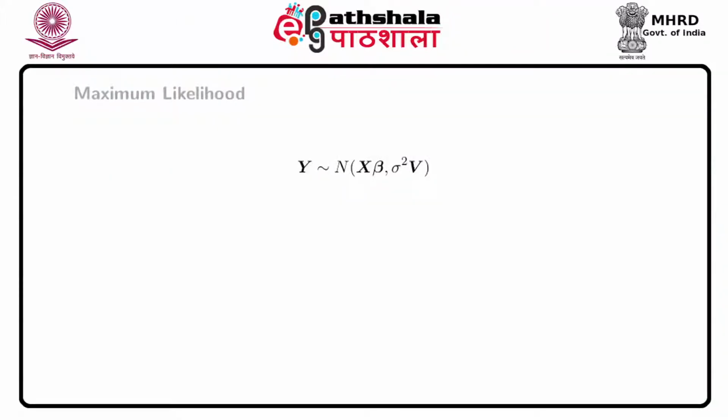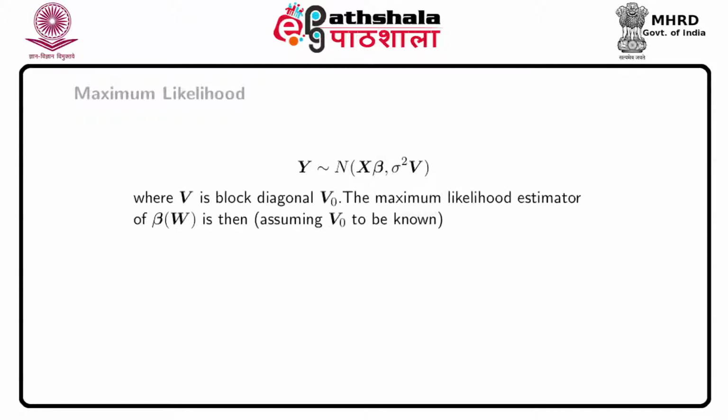For a general linear model, y is assumed to follow a multivariate normal distribution with the mean x beta and the variance covariance matrix capital V. And if we assume that the design is complete and balanced, then capital V is block diagonal sigma square V naught.